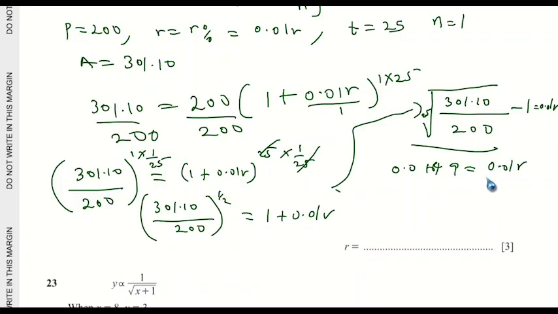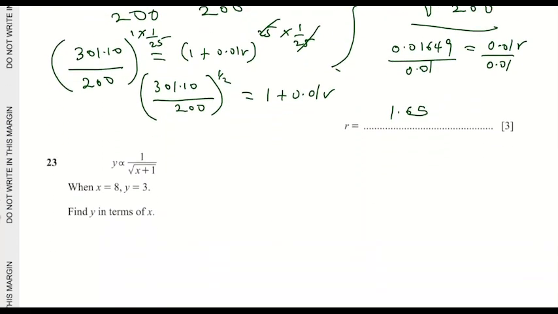When you divide both sides by 0.01, you get R equal to 1.65, correct to 3 significant figures.